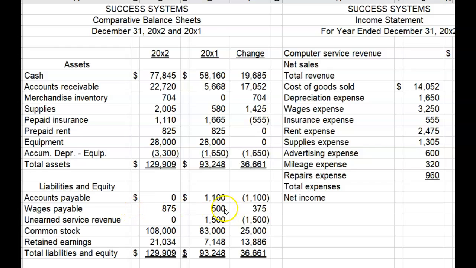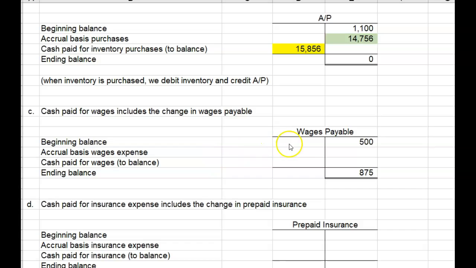Let's put our beginning and ending balances in our liability wages payable T account. Wages payable is a liability account, so their balances are credits. The beginning balance was a $500 credit balance, and the ending was an $875 credit balance.